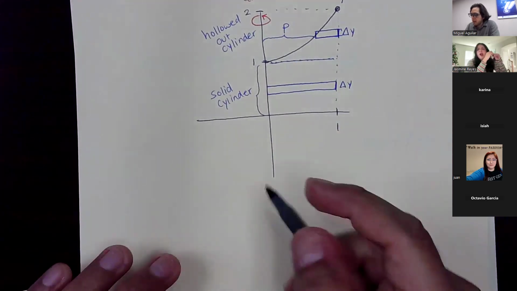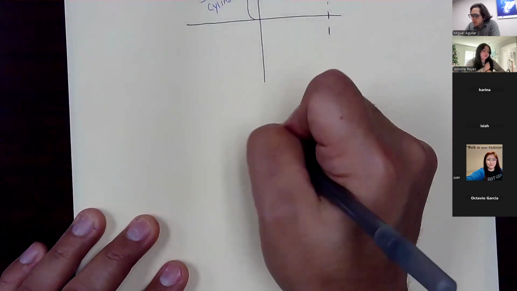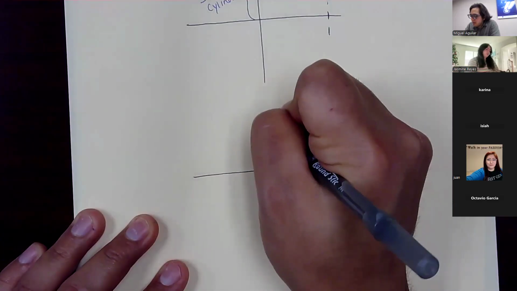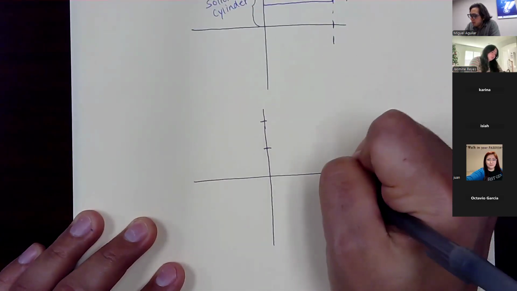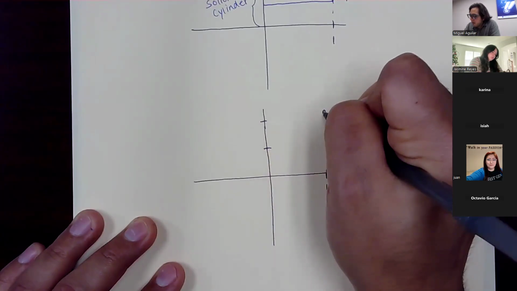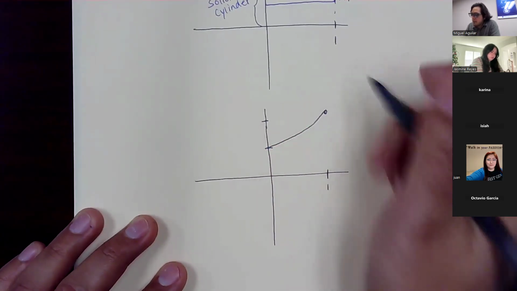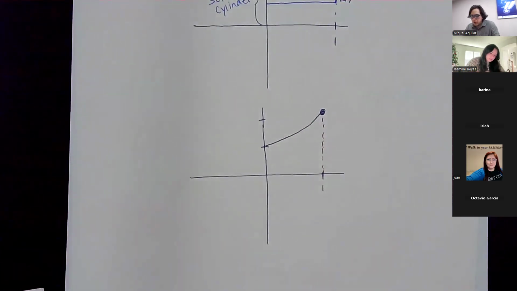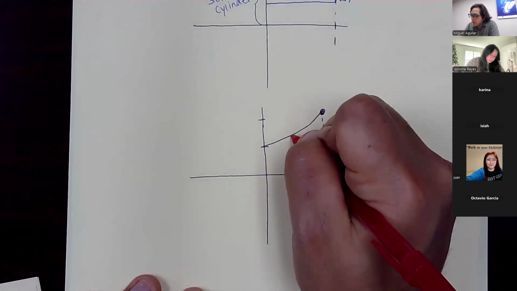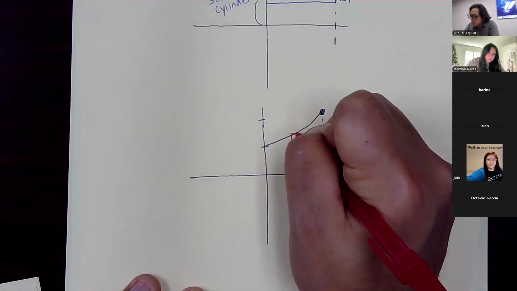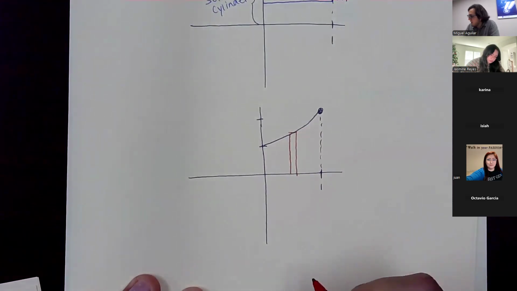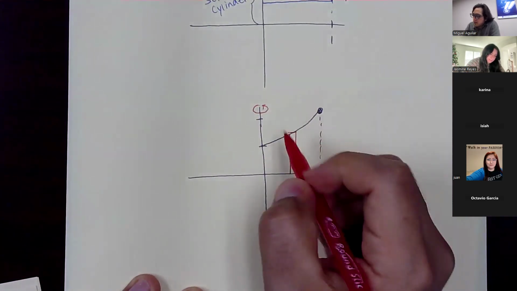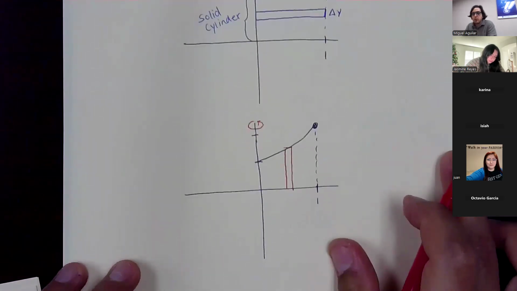Well, if I draw that picture again, and we think about imagining the cylinder a little bit differently, same image, just a little bit different, right? Why couldn't we think about a representative rectangle as being from here to here, and then rotating it around the y-axis so that our cylinder makes a little bit more sense?